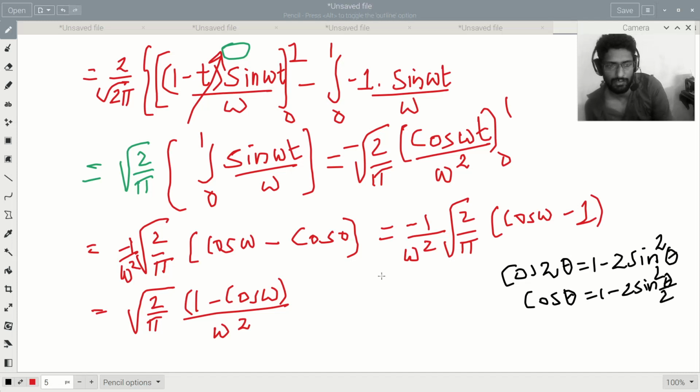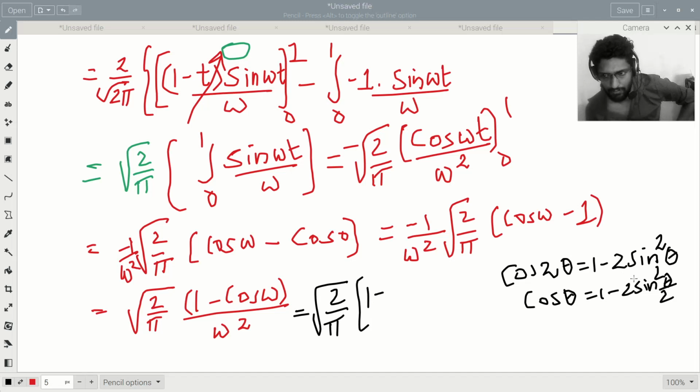So substituting that, this is equal to root 2 by pi, 1 minus 1 plus 2 sin square theta by 2. So 1 minus 1 is equal to 0.